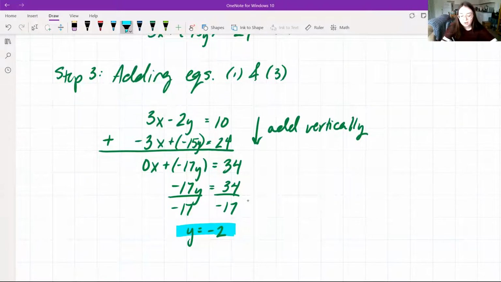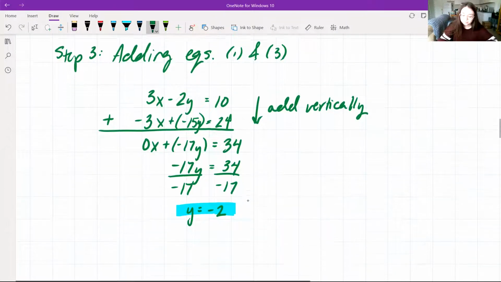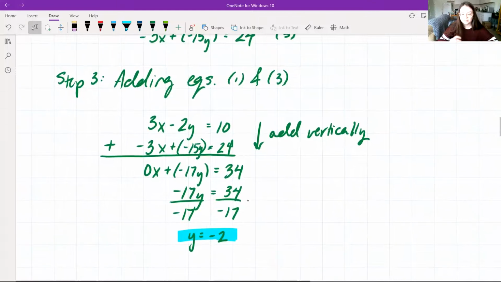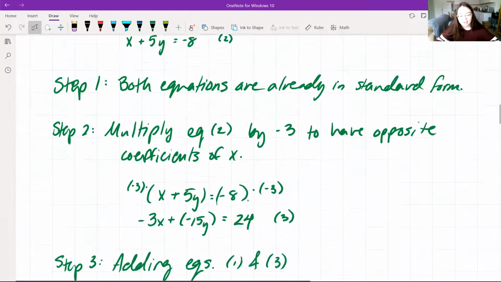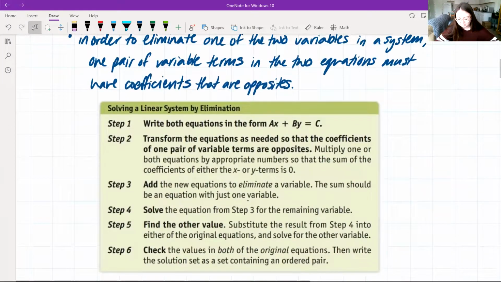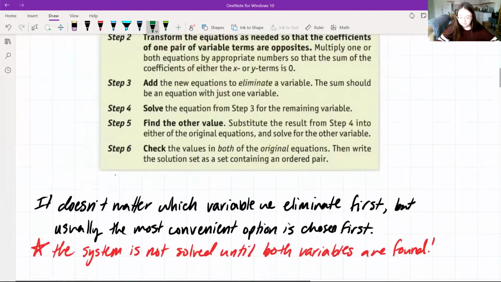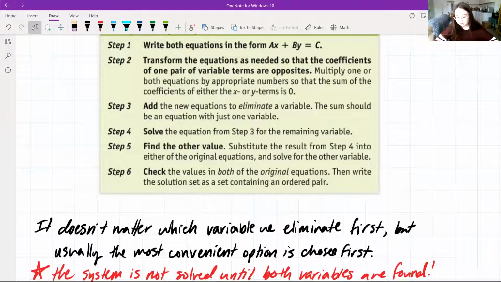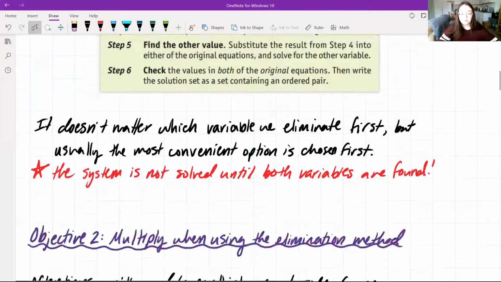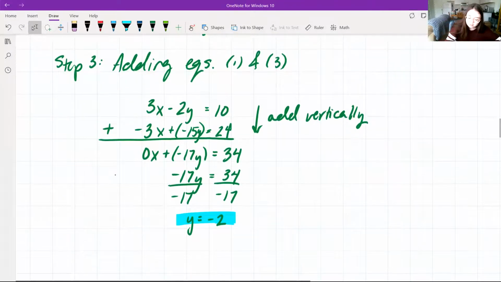So we've solved for y. Now we want to go back and solve for x. So step 3 and step 4, I realize, are combined, because step 3, you want to add those equations, and then step 4, you want to actually solve. So when we had step 3, this is also step 4.